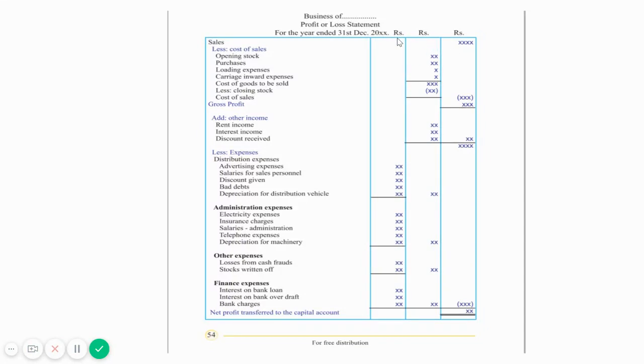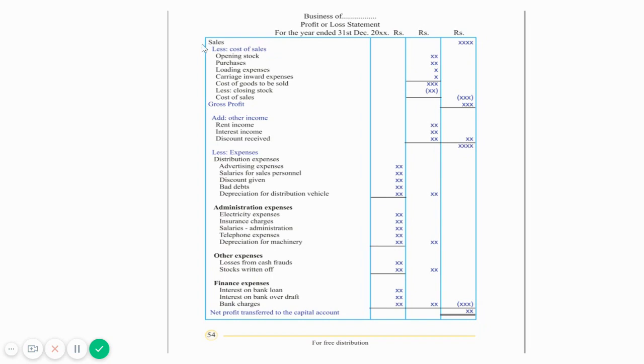And it's very, very important to mention the rupees on top of each column. And this wording, again, you have to learn by heart. Let's say now here, if the business is Sadev, you have to say business of Sadev profit or loss statement for the year ended 31st December 2019, according to our example.